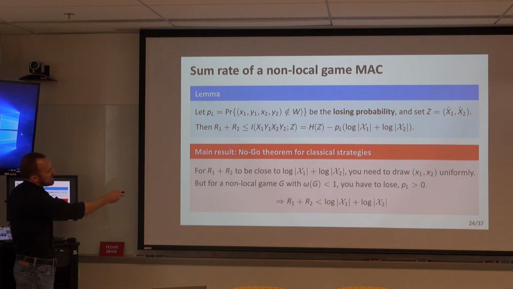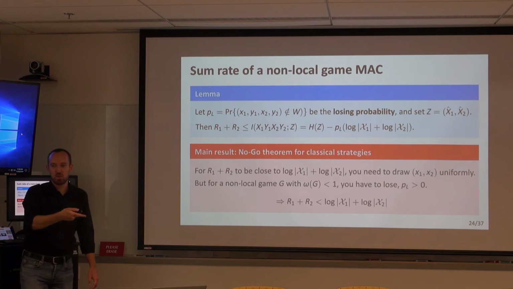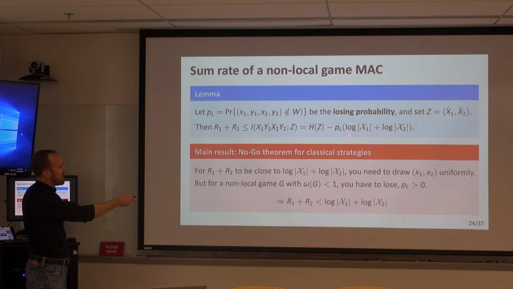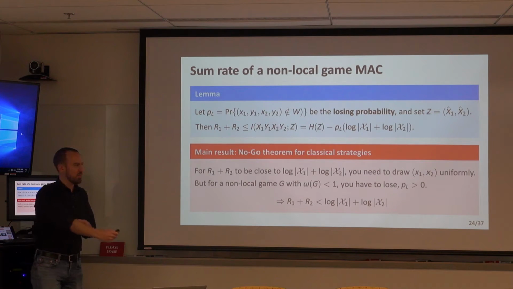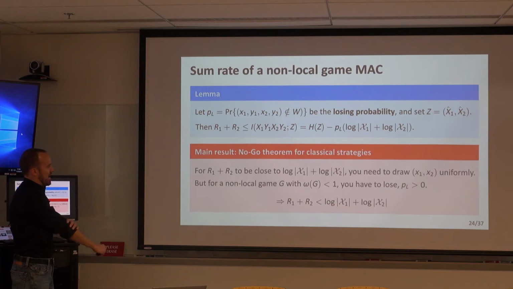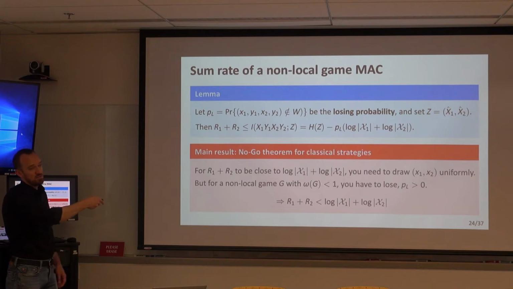And it's quite easy to show that this mutual information is just the entropy of the output random variable Z minus the losing probability times the maximal entropy you get when you draw the questions. And the observation now is that, let's say you want to maximize this right-hand side, which happens when the entropy term here is maximal.